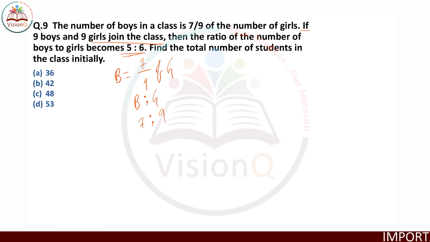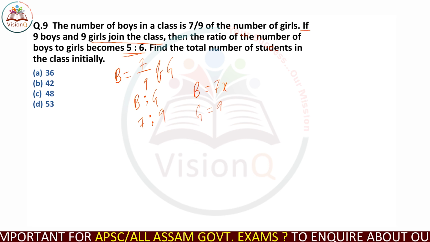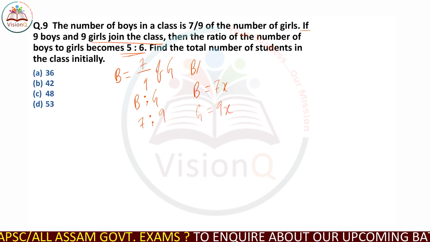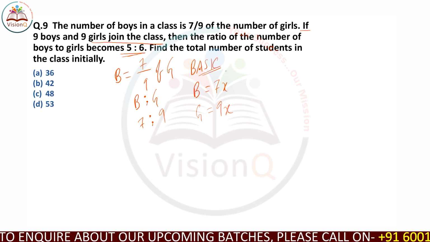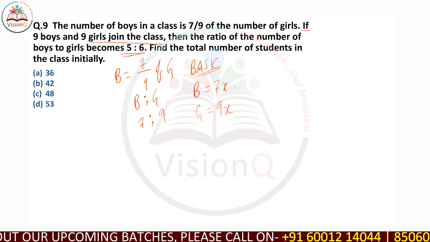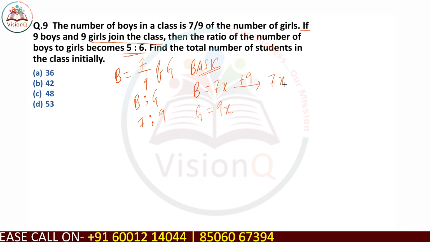If 9 boys and 9 girls join the class, let me take the number of boys as 7x. Number of girls will be 9x. Using the basic concept, let the number of boys be 7x and the number of girls be 9x. If 9 boys join the class, then the present number of boys is 7x plus 9.